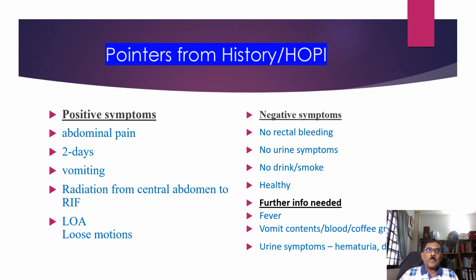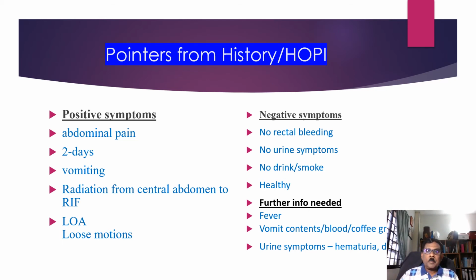Okay, now what are the pointers from the history of present illness? Positive symptoms: abdominal pain, 2 days onset, vomiting, radiation from central abdomen to the right iliac fossa, loss of appetite, and loose motion.